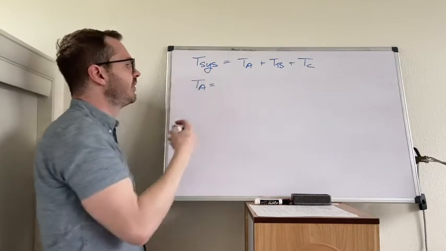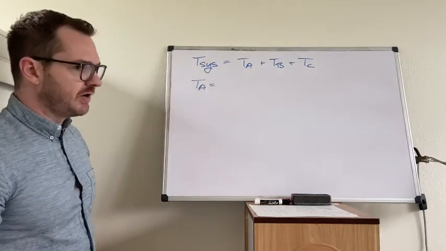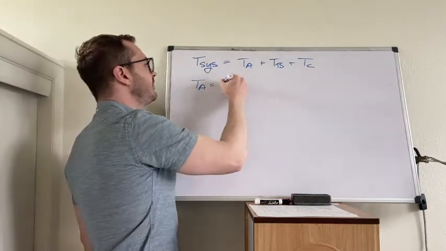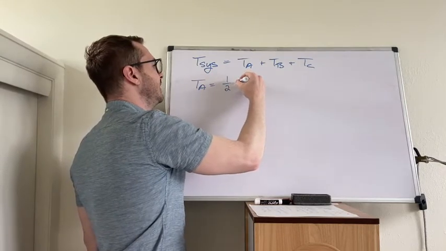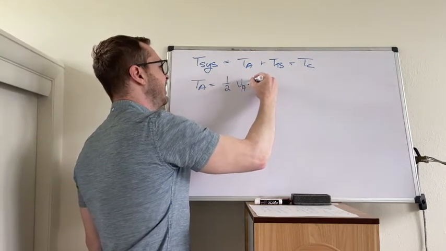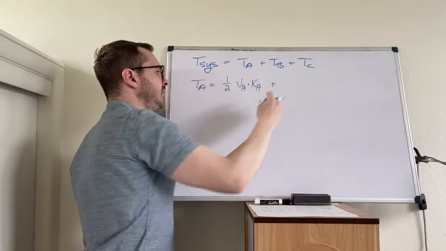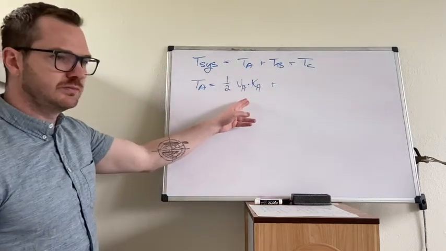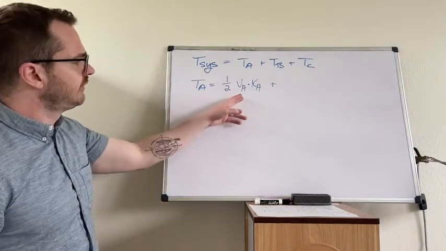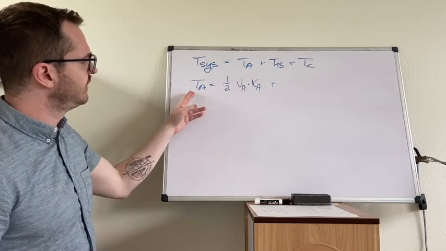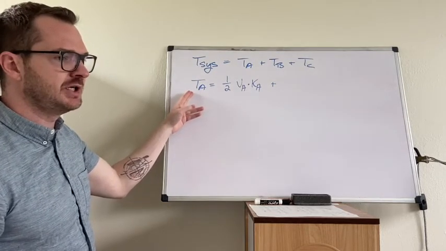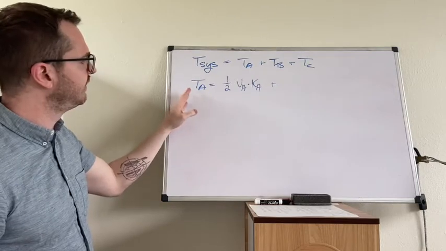TA, so the kinetic energy of A. We have an equation for kinetic energy: 1/2, let's say VA dot KA. It's a good way to put it. Remember the dimensions of energy. It's a scalar, right? This is not a vector.